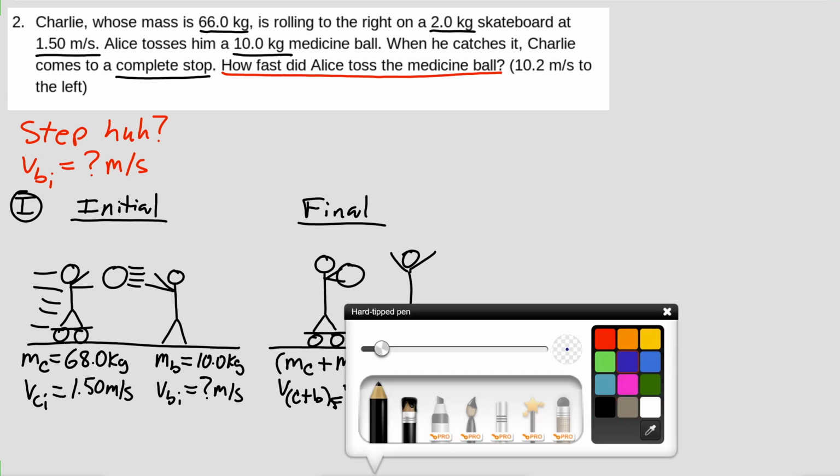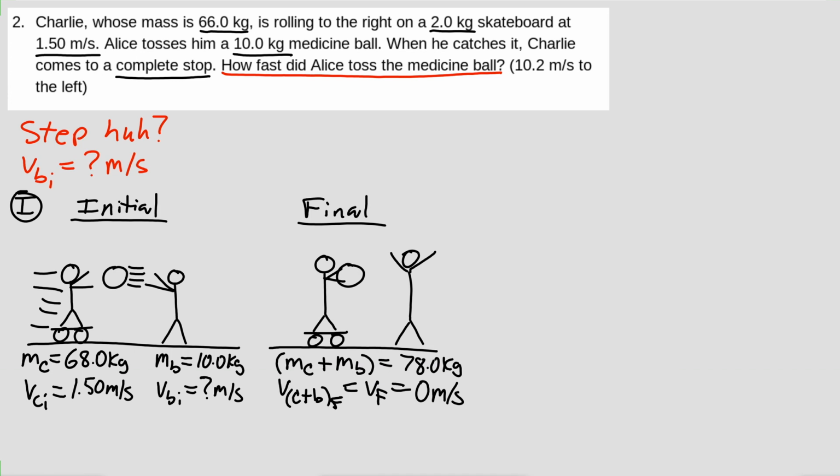On to step 2. So step 2 is write the law of conservation of momentum. Sigma p initial with a hat plus J external, so any external impulse we have, with a hat, is going to equal sigma p final, also with a hat.